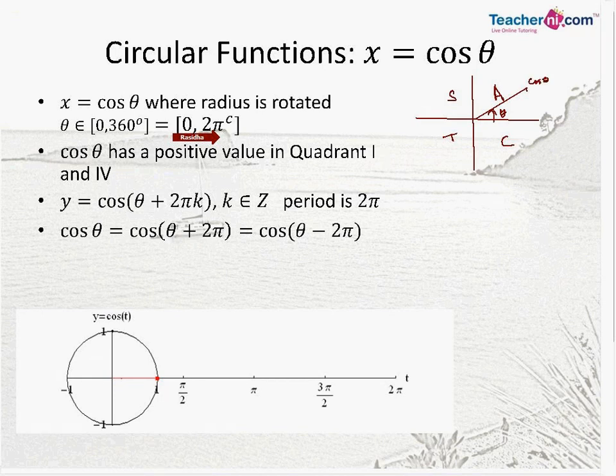Cosine theta will be this coordinate, the x coordinate. After rotation, what happens? After one rotation it comes here, and the x coordinate will be the same thing, right?